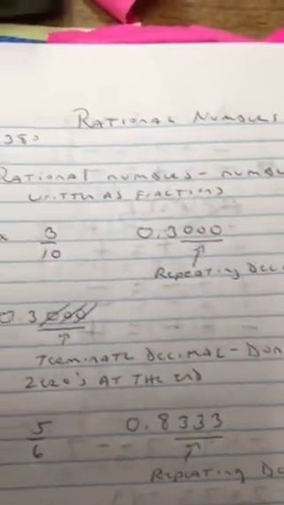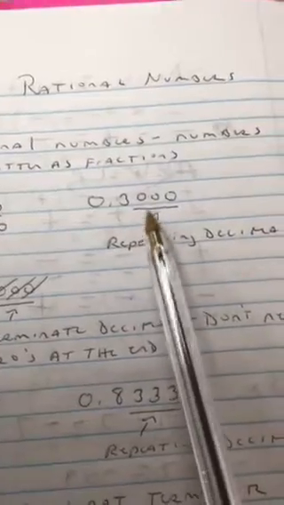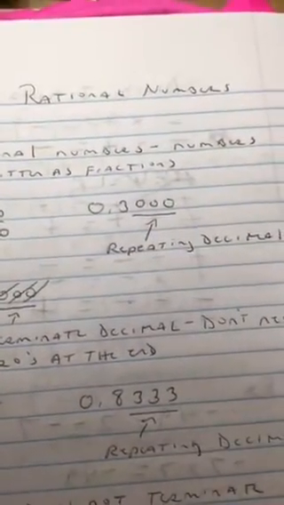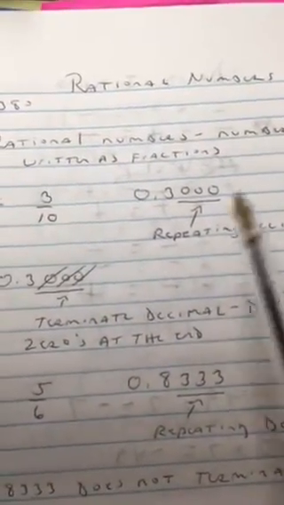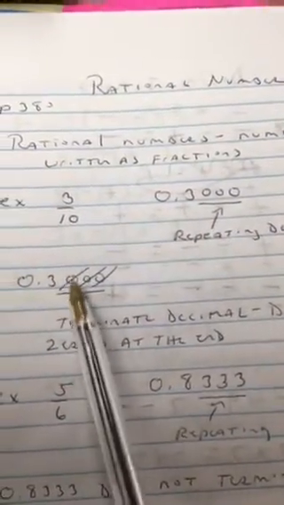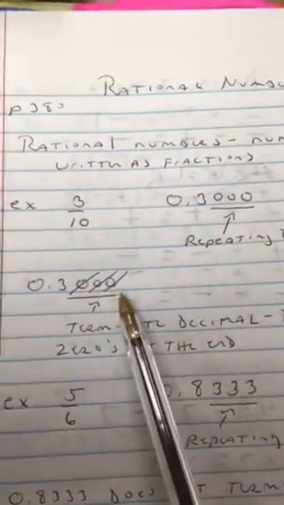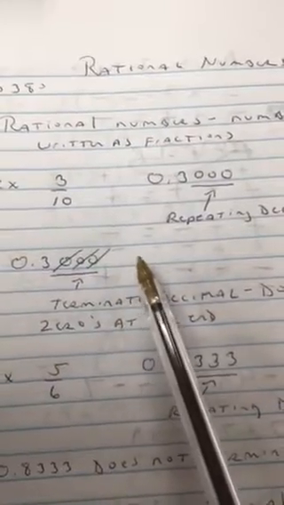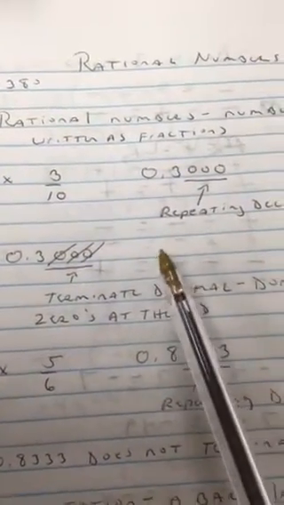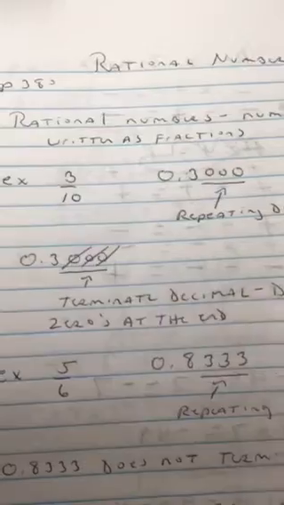This is the repeating decimal. It's a repeating decimal because all the zeros can go on forever. But because zeros have no value, I can go ahead and cross them out. And when I cross them out, it's known as terminating the decimal. You get rid of all the zeros at the end. You don't need them. It's just 0.3.